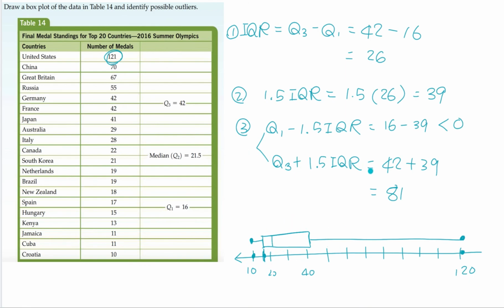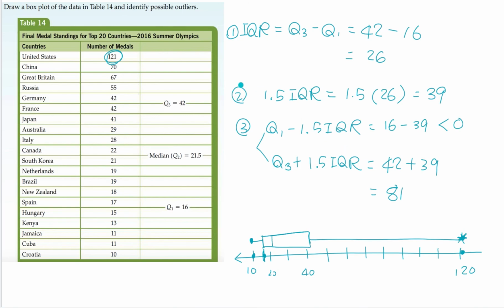And what did we say about the outlier? We can mark it with an asterisk. Instead of a dot, you can put an asterisk there.